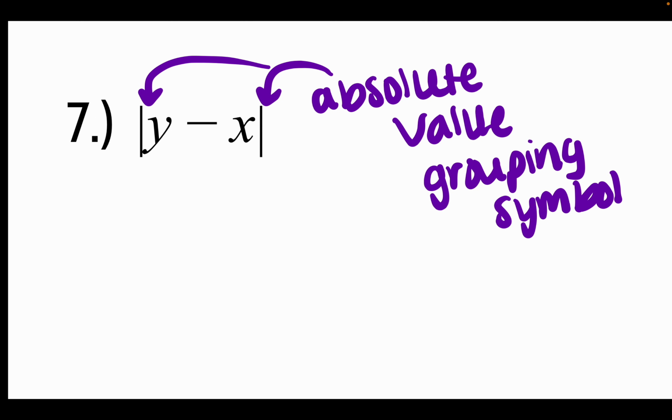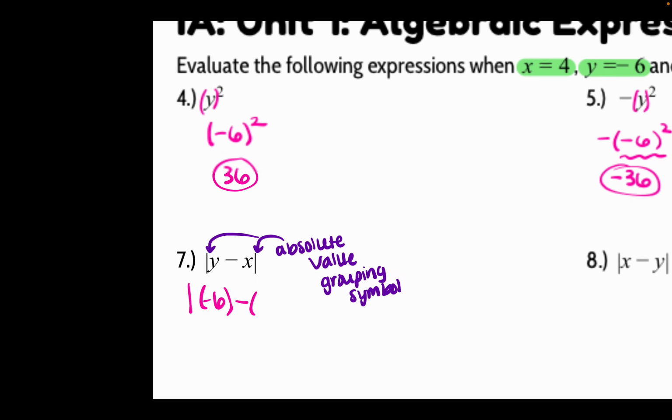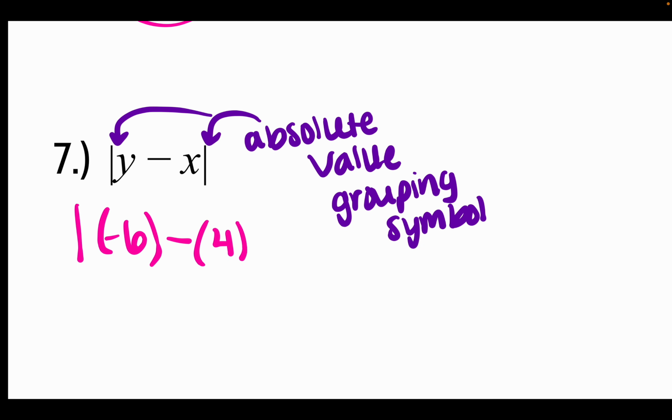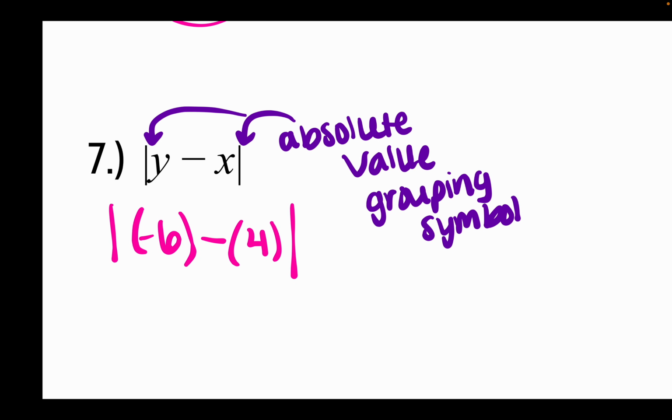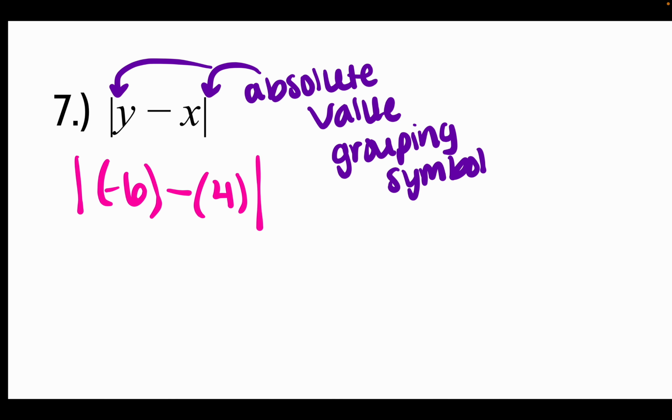So in this case, we have the absolute value of -6. Let's make this a little bit more rounded for our parentheses. minus x, which is 4, and then our absolute value symbol. So what we're going to do is we're going to do everything inside of our grouping symbols first.